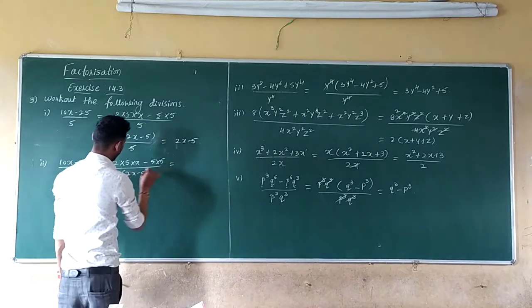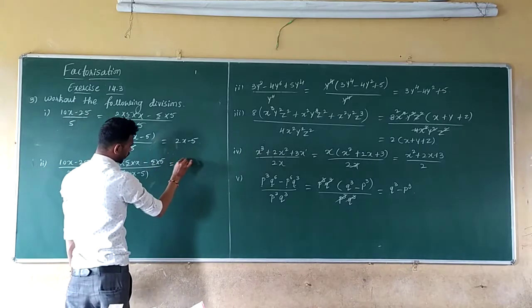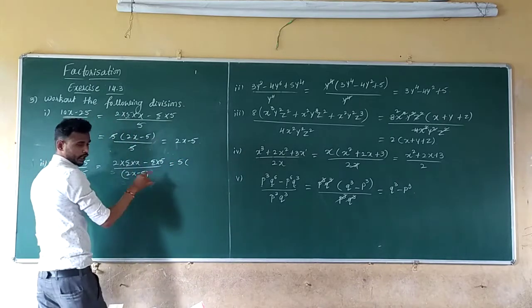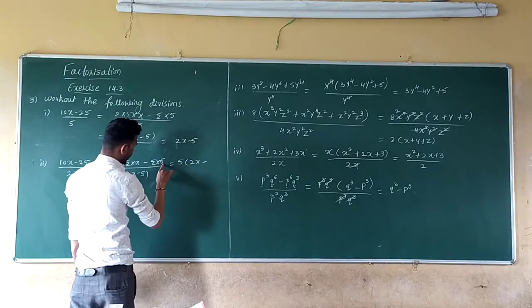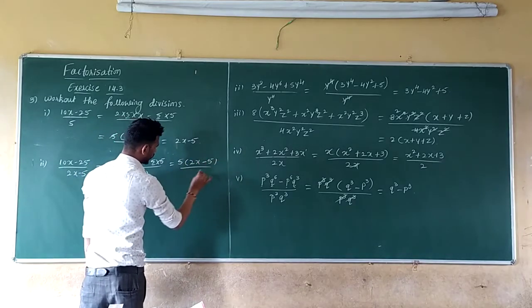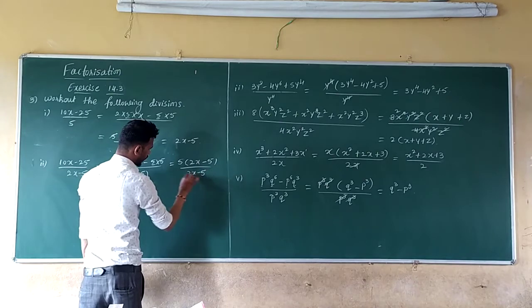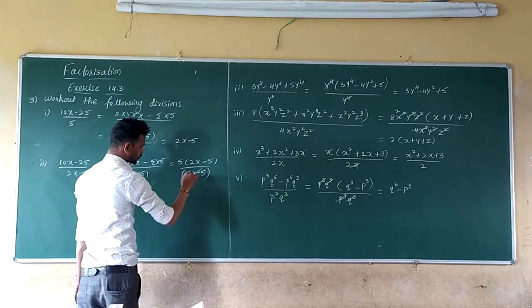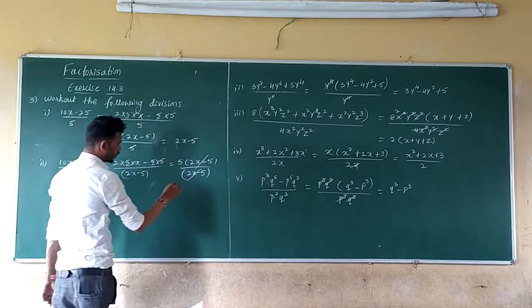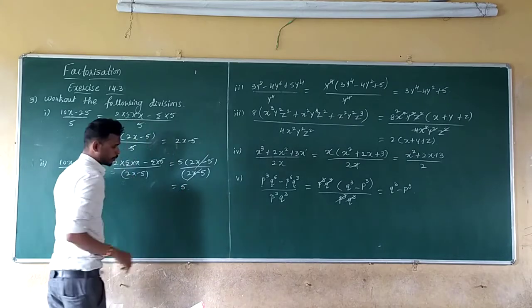In these two the common is 5, take that outside. What will remain: 2 into x, 2x minus, here it will remain 5, divided by 2x minus 5. So 2x minus 5, 2x minus 5 get cancelled. So the answer is 5.